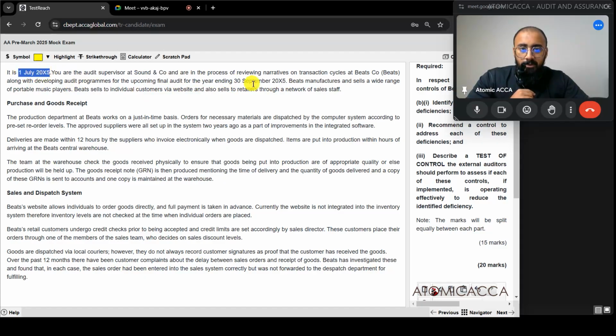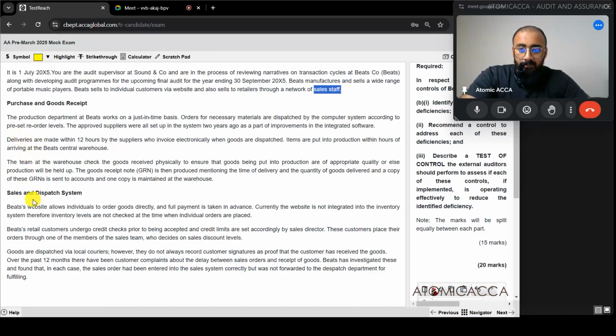Beats manufactures and sells a wide range of portable music players. Beats sells to individual customers through website and also sells to retailers through a network of sales staff. Okay, so this is like direct sales to customers, and this is like kind of bulk orders that you're giving to retailers, to shops and all, and that is done through network of sales staff in your company.